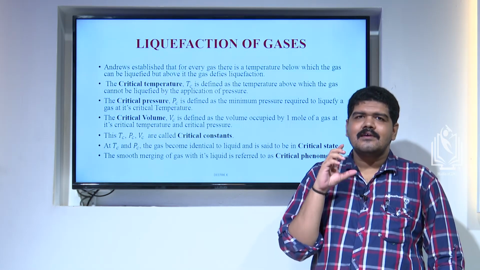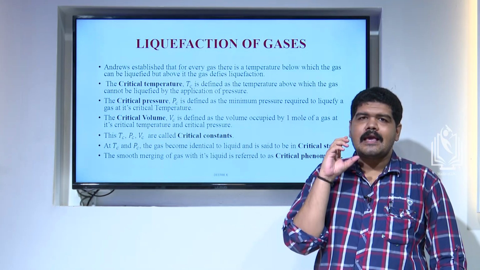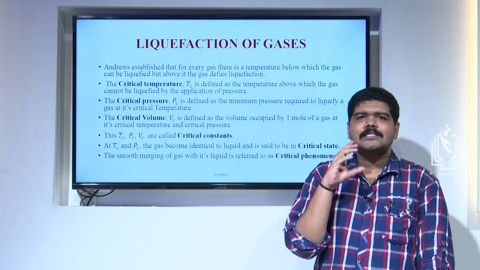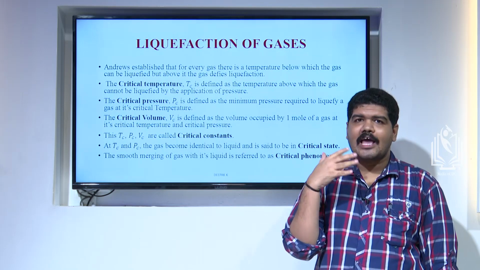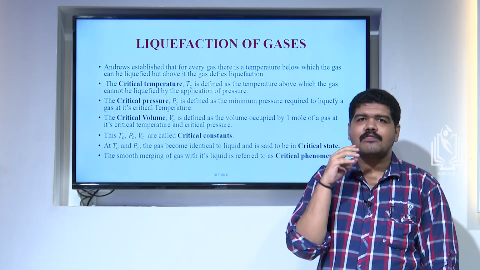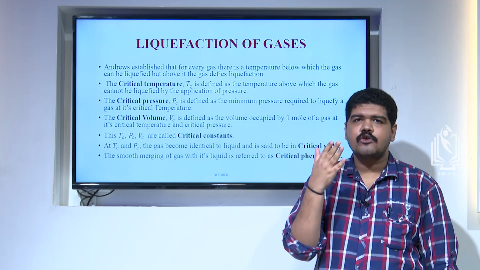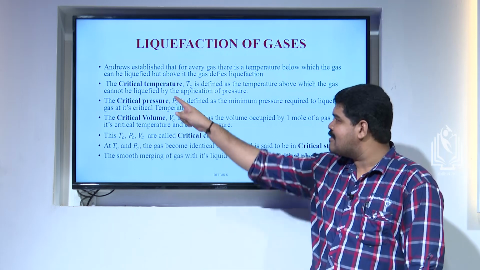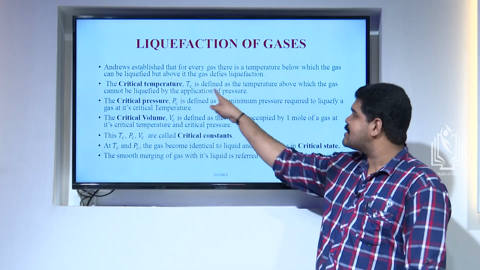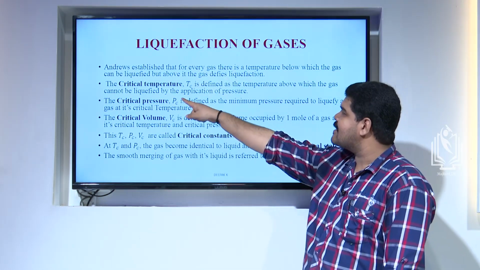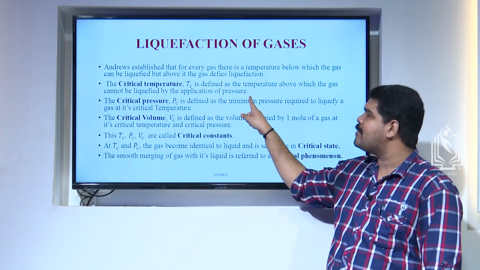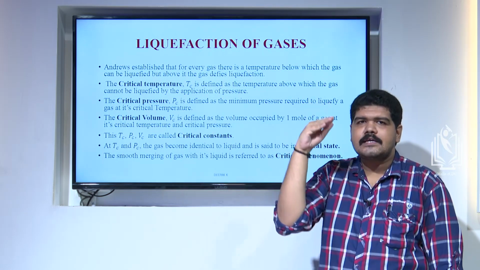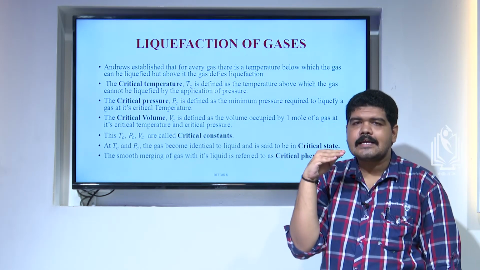That is the critical temperature, the temperature above which the gas molecules cannot be liquefied and below which they can be liquefied by the application of pressure. It is represented as Tc. So, our first objective is to lower the temperature to the critical temperature.